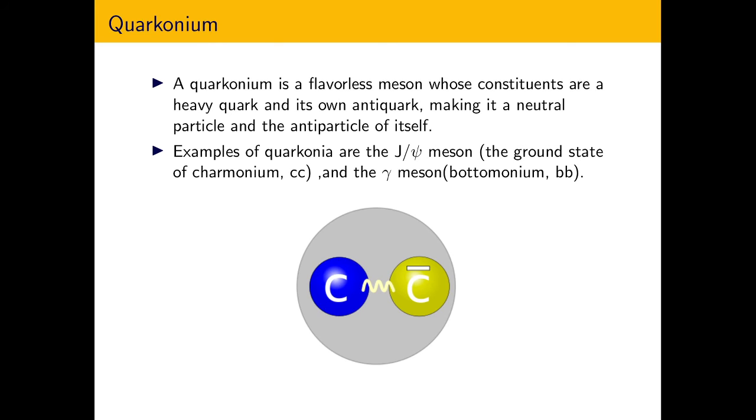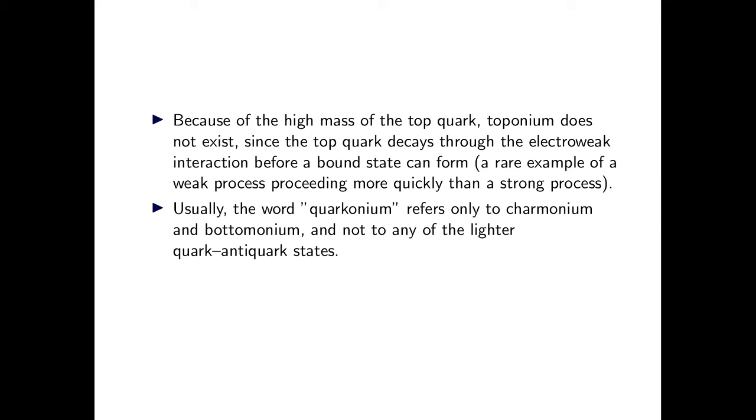Charmonium is basically made from a charm quark. This might be a little different, but I'll explain what a charm quark is. And bottomonium is basically the form of a bottom quark and its anti-quark. The top quark can't necessarily exist. Sorry, next slide please.